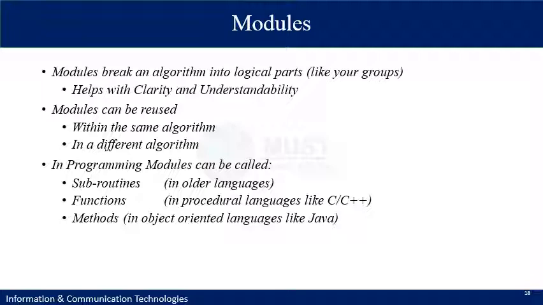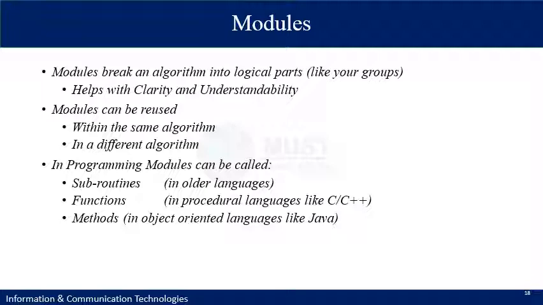So your algorithm may be divided into some logical parts, and these parts are called modules. They help with the clarity and understandability of your program, and modules can be reused, so you can use a module in one program and then reuse it in any other program where necessary.